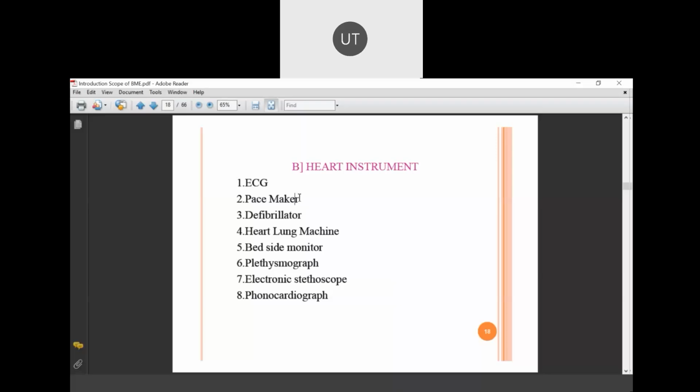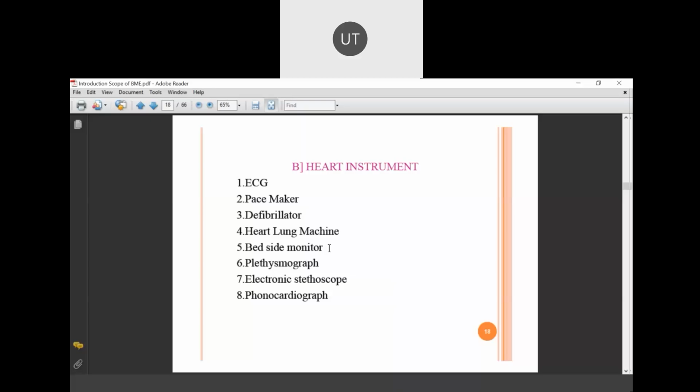Then pacemaker. Pacemaker, again, is related to the heart. Just now I told you about the defibrillator in order to avoid the asynchronous activity of the heart. The heart lung machine is in order to take care of purification and oxygenated blood provision. Then bedside monitor, plethysmograph, electronic stethoscope, and phonocardiogram. Okay.